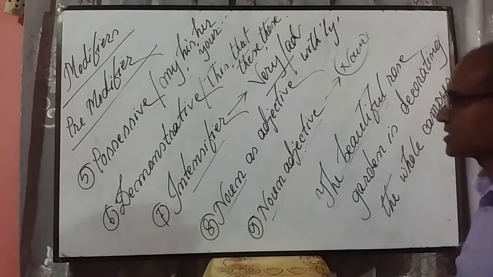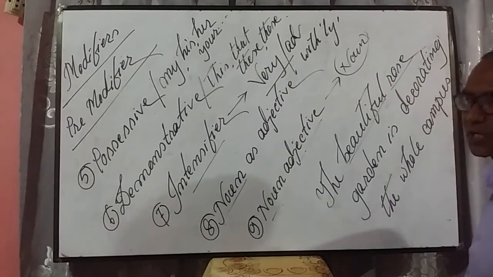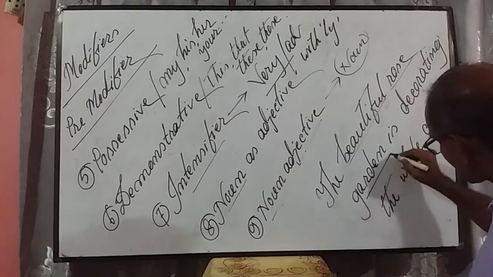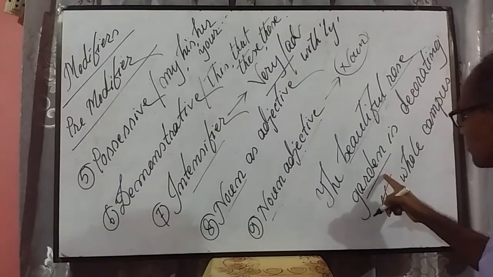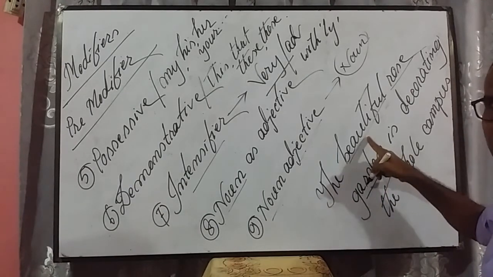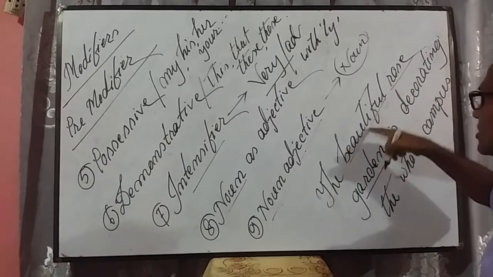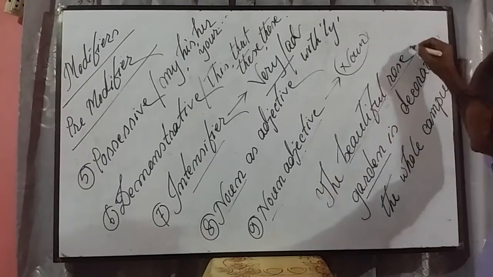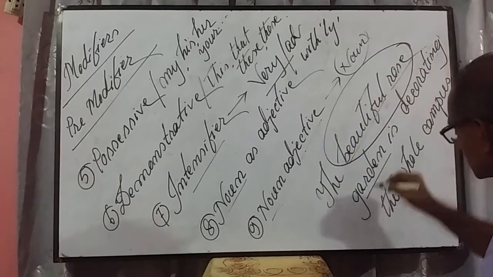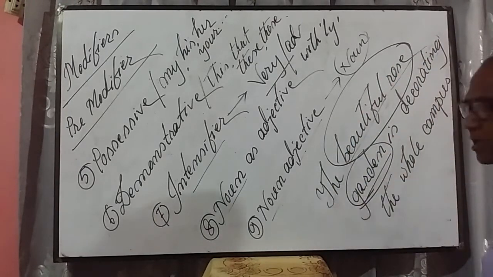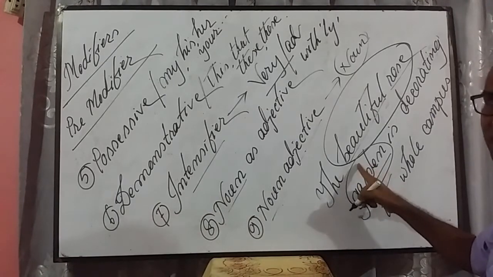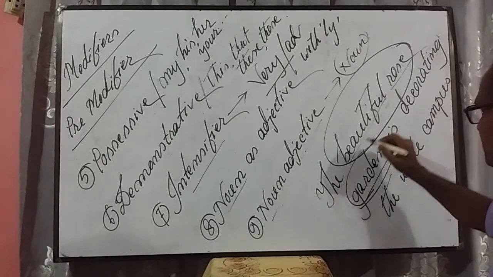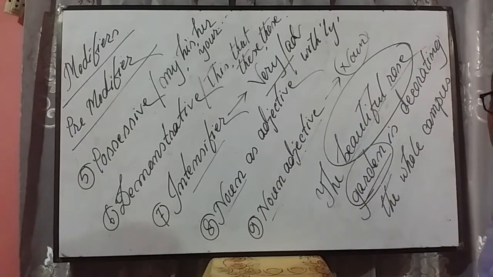Beautiful is an adjective. Rose is a noun. See, noun adjective, and then garden. Garden is being modified by two words: one is an adjective, one is a noun. That means noun adjective, and this very noun adjective is modifying another noun, garden, and garden is preceded by beautiful rose.